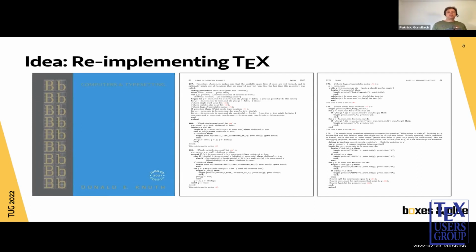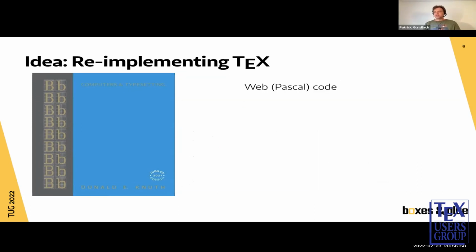So I see three possibilities to re-implement TeX. The first is to go from the Pascal code in the book and translate it one by one into a modern environment. But this would still be TeX output, outputting DVI, and would not load OpenType fonts. The second way could be to take the C code from LuaTeX and translate it, or use some automated translator like a transpiler to create code, for example, in the Go programming language.